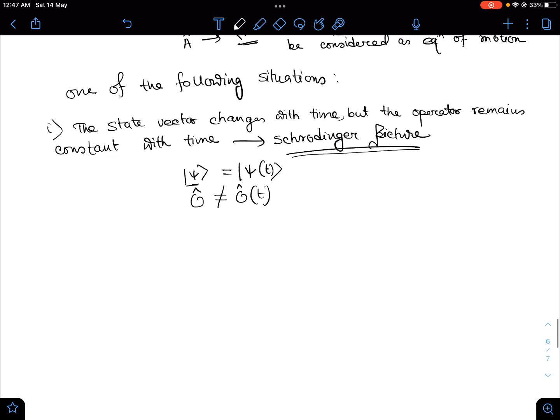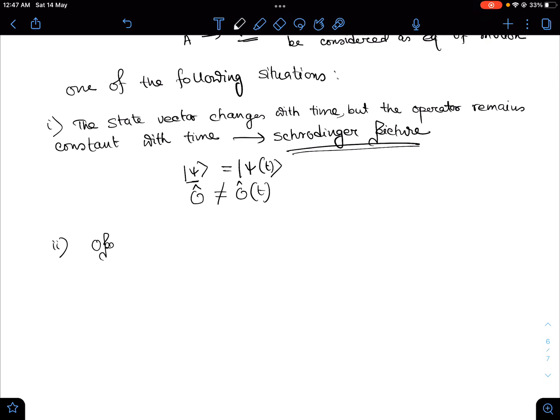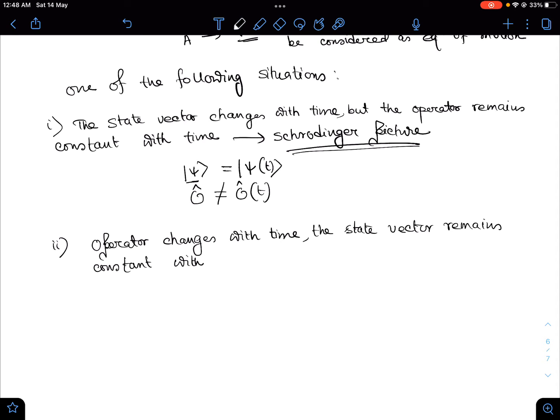Another situation is that the operator changes with time, but the state vector remains constant.